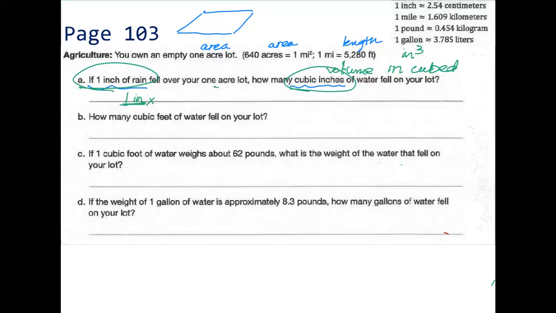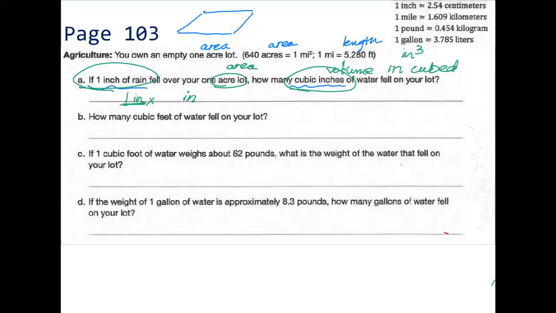We are talking about acreage, which is area. So I'm going to have to change this somewhere to area. And area of acres goes to miles and miles to feet and all that kind of stuff. So I want to have some inches over here.